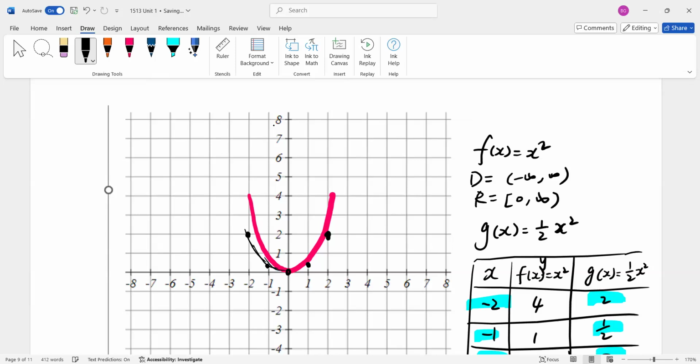So as you can see, this is the daughter function graph. The red one is the mother function. If we multiply the mother function's y value by half, the graph of the mother function is stretched horizontally. Okay, how about this? Vertically.